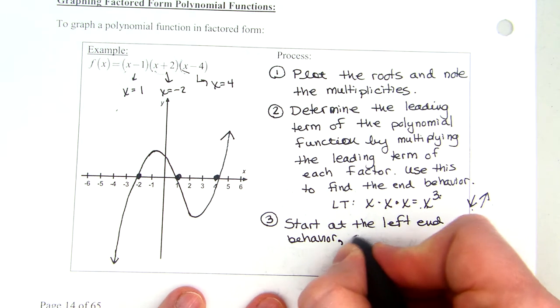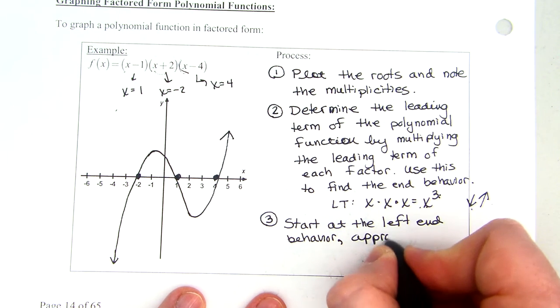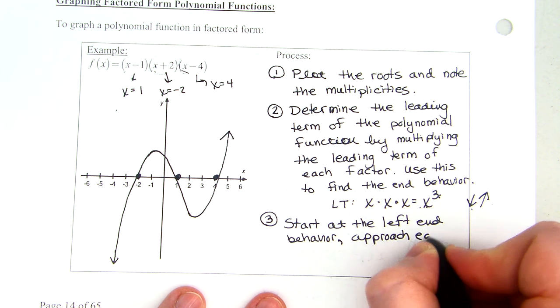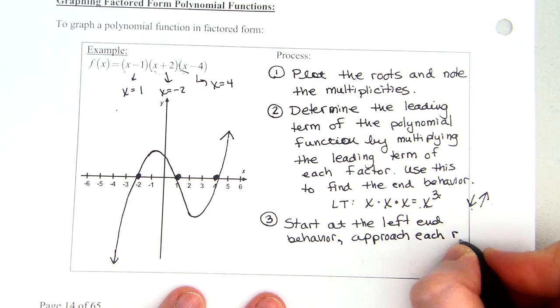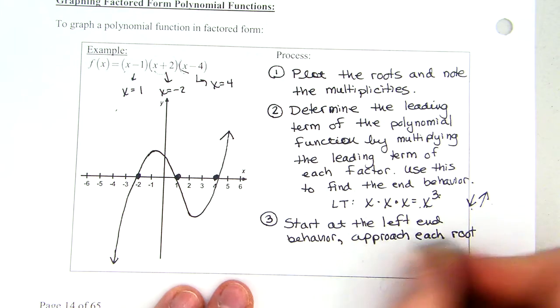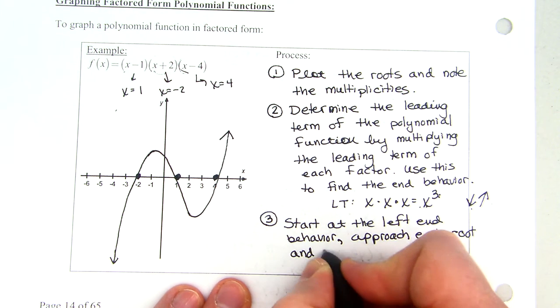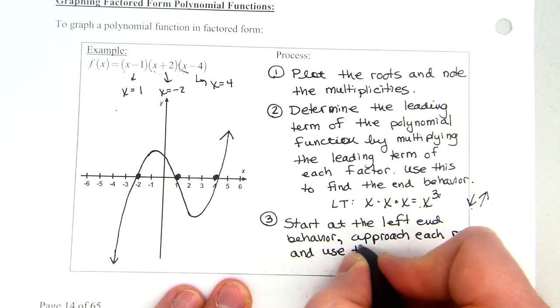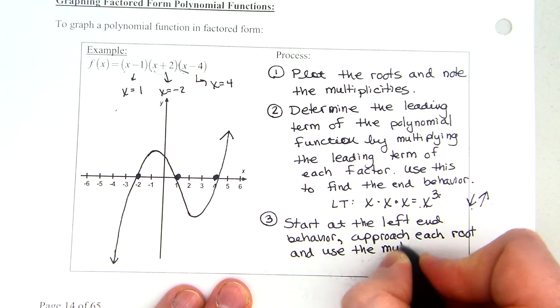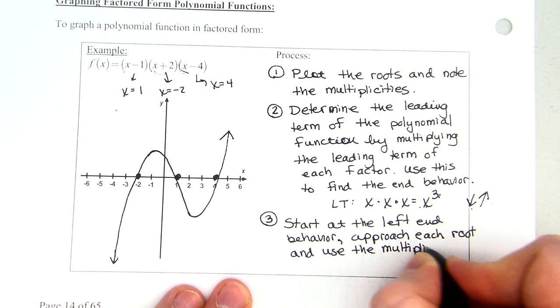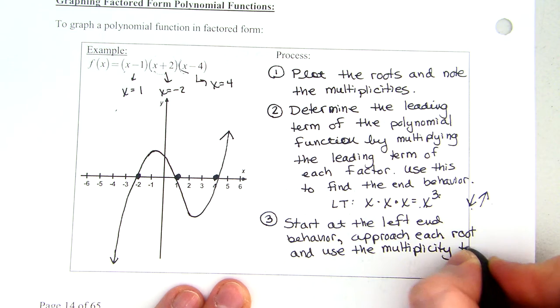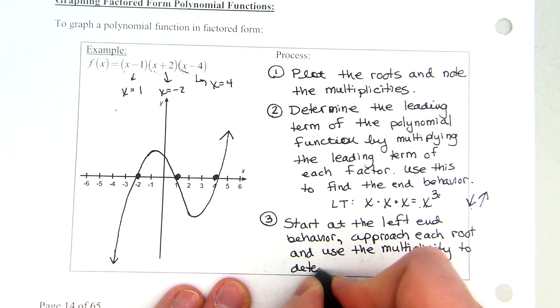So I'm going to say, approach each root and use the multiplicity to determine what to do there.